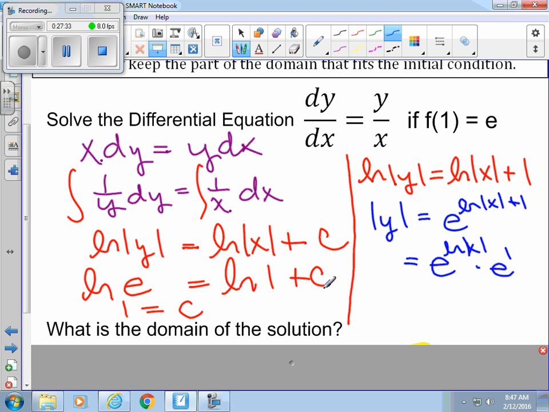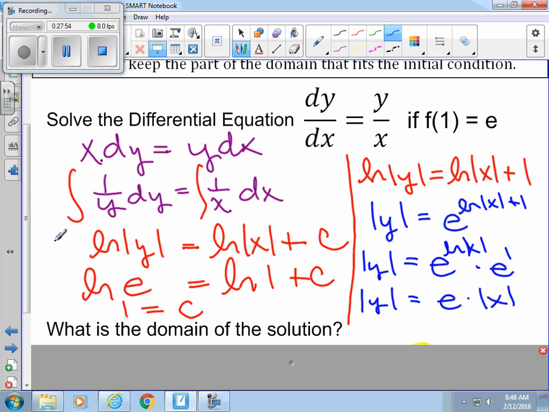Does everyone agree with that? What happens to the e and the natural log? Cancel. So I get absolute value of y equals e times the absolute value of x.